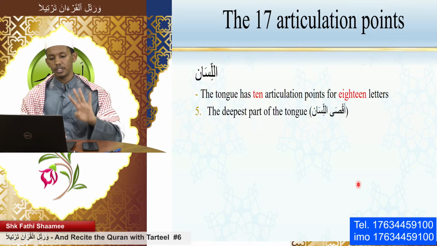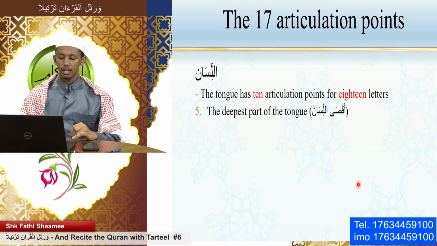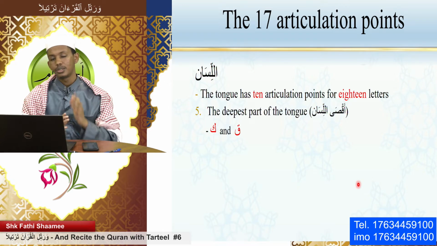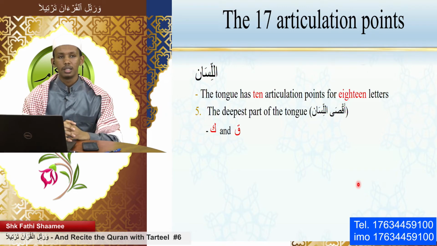So the 5th articulation point of the 17 we're talking about in total here comes from the deepest part of the tongue, which we call aqsa al-lisan. Aqsa al-lisan has 2 letters, and those letters are kaf and qaf. When I say ak, it's towards the back of your tongue, all the way at the back. Aqqa, aqqa.